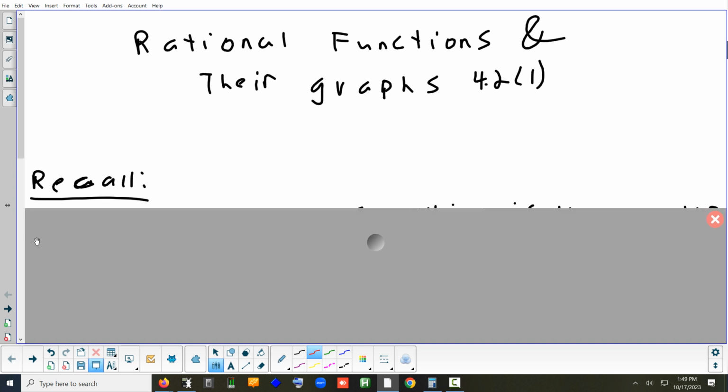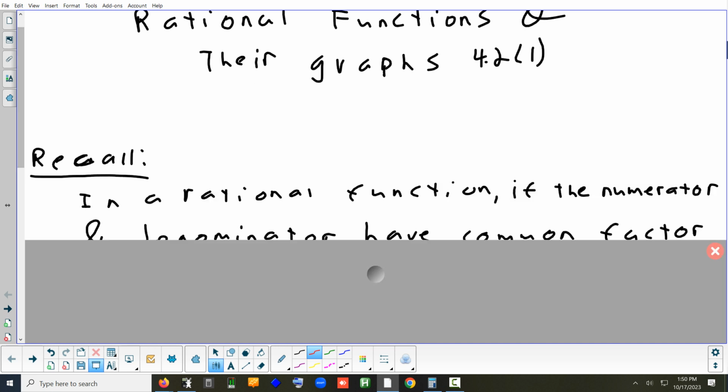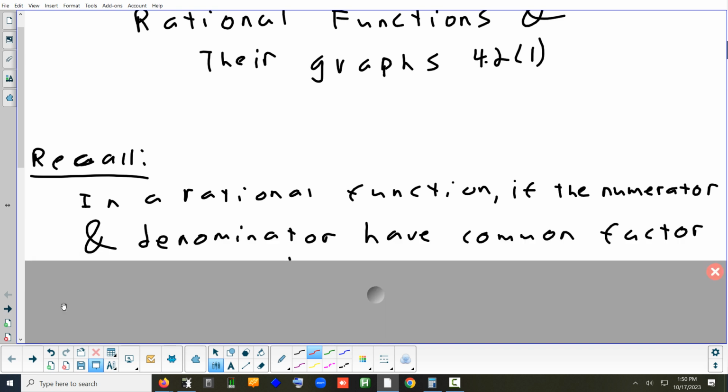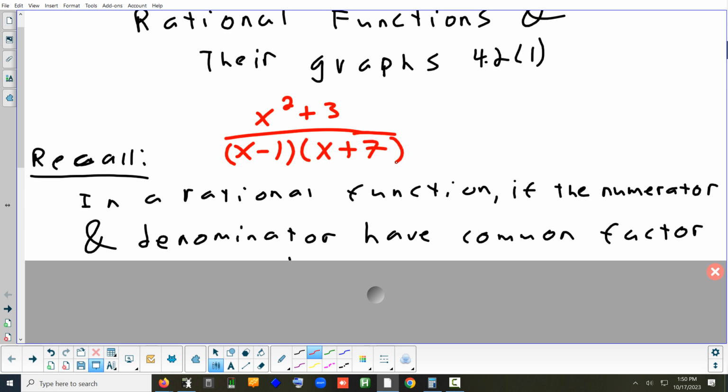All right, so now let's see if we can get through the first half of 4.2. So when you have a rational function, something like, let's say, x squared plus 3 over x minus 1, x plus 7. Does it look like the numerator and denominator have a common factor there? No, they don't.